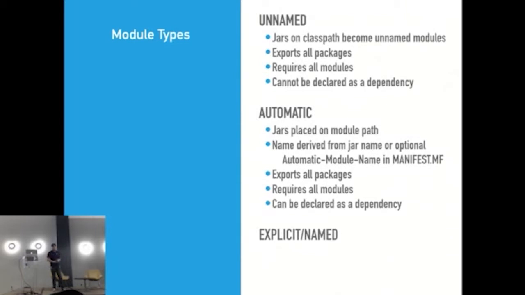Or optionally, you can use the Automatic-Module-Name in the manifest.MF to give it a stable module name. That was a big debate for a while within the dev list. Like unnamed modules, automatic modules also export all packages. They also require all packages, but you can declare them as a dependency.